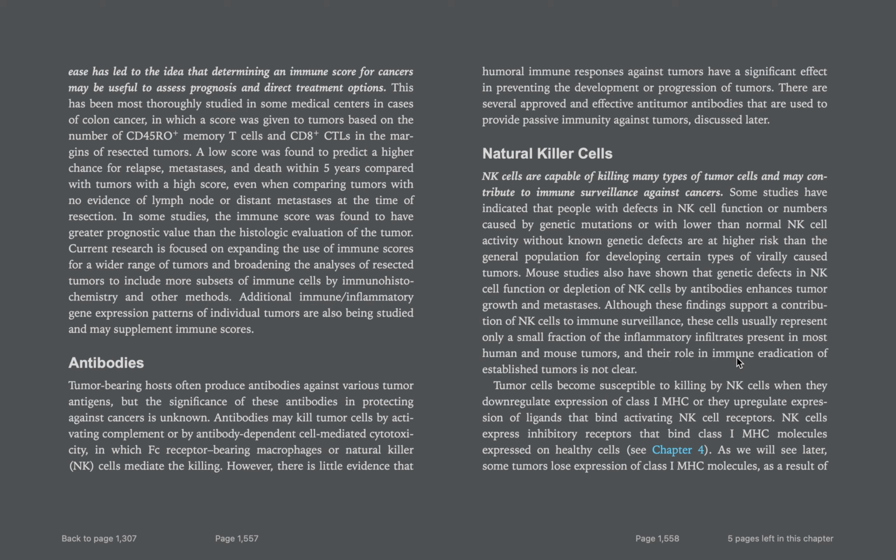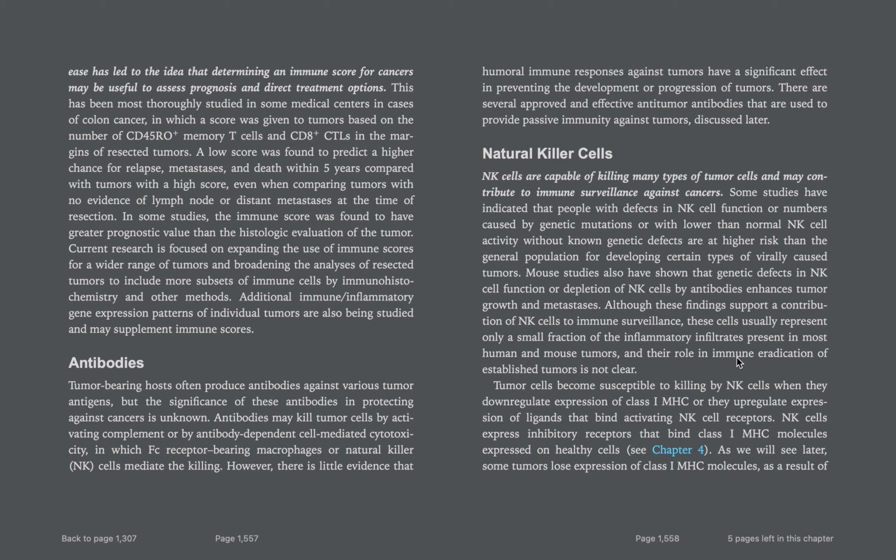Antibodies. Tumor-bearing hosts often produce antibodies against various tumor antigens, but the significance of these antibodies in protecting against cancer is unknown. Antibody may kill tumor cells by activating complement or by antibody-dependent cell-mediated cytotoxicity, in which Fc receptor-bearing macrophages or natural killer cells mediate the killing.